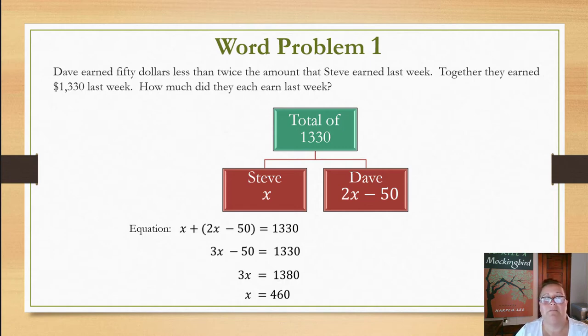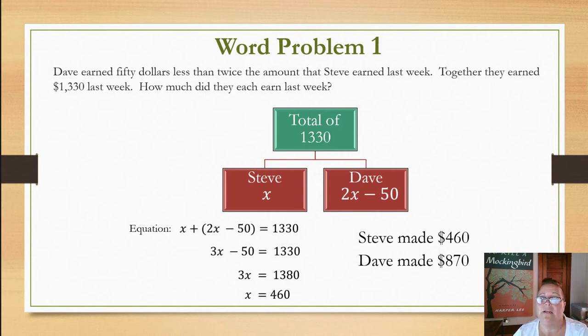X, since we named it, is what Steve made. So Steve made 460. Dave makes twice this minus 50, or 2 times 460 minus 50, which is $870. As a reminder, I'm going to reread the final question, which says, how much did they each earn last week?